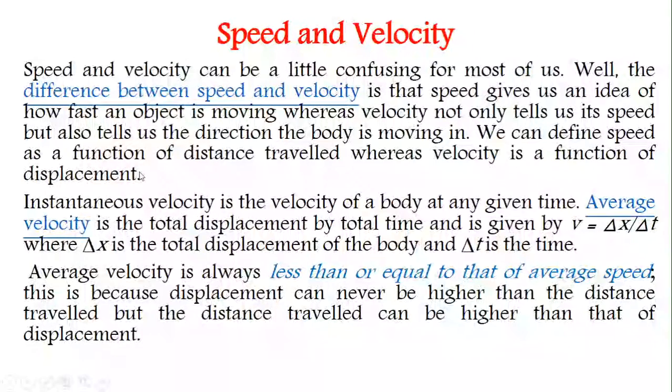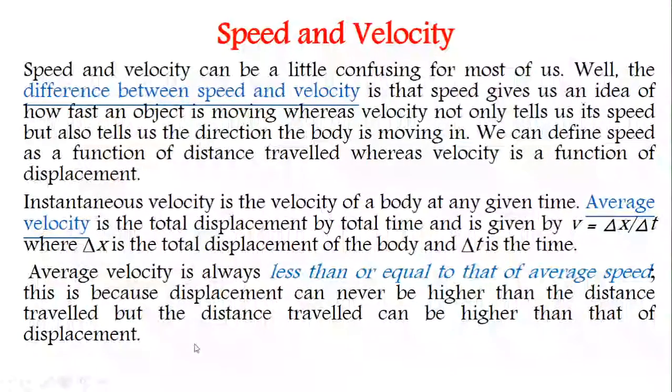Instantaneous velocity is the velocity of the body at any given time. The average velocity is the total displacement divided by the total time, given by V equal to del x divided by del t, where del x is the total displacement and del t is the total time.